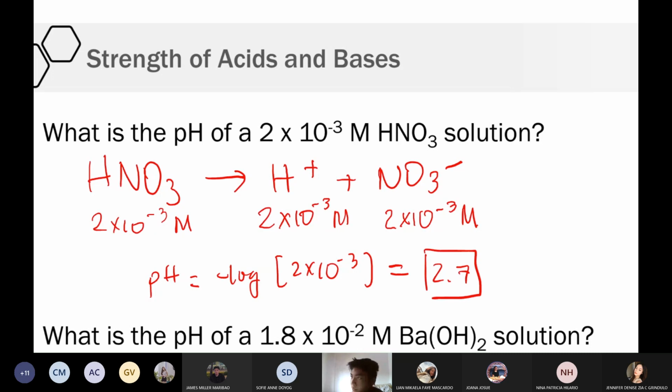Okay? So ganun lang. Again, kapag strong acid, yung pagkuha ng pH, direct na. Alamin mo lang yung concentration ng H plus by stoichiometry. Kapag 1:1 lang yan, you can directly solve for it.